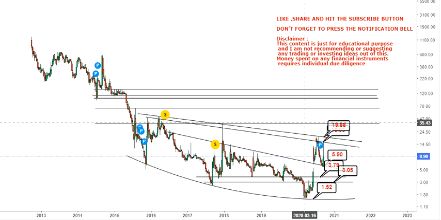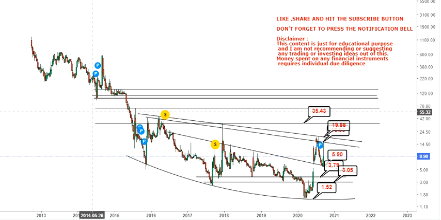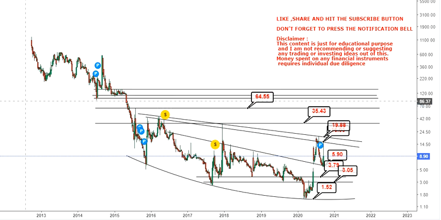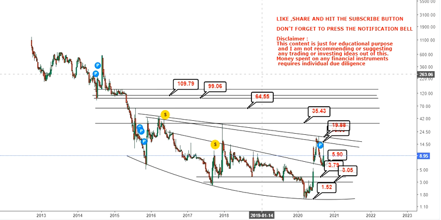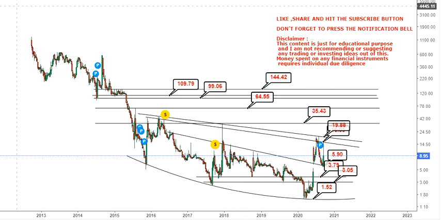If it is successful in doing that, then we have our next resistance at 35.43, then probably 64.55, then a resistance range which are very close to one another, 99.06, 109, and your big resistance or target will come at $144. So you can see how many layers there are to go up.